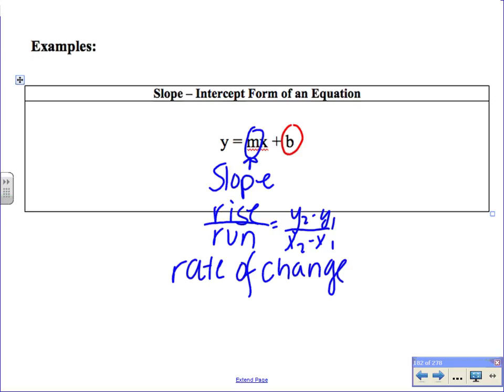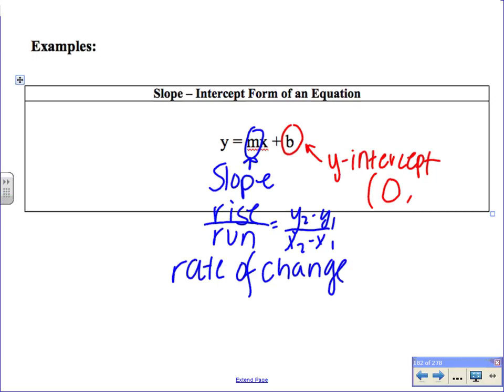So how can you figure that out? Remember when we're finding y-intercepts, we always sub in 0 for x. Well, no matter what the slope is, anything times 0 is just 0. So you get y equals b. That means my ordered pair, if I sub in 0 for x, what's that y value going to be?